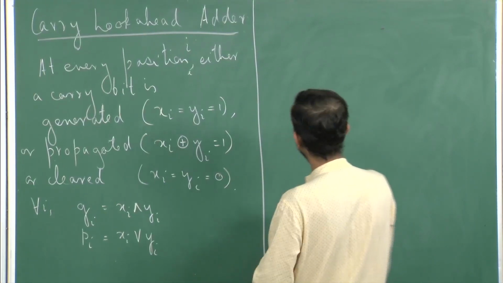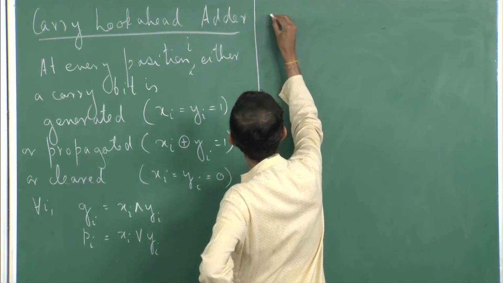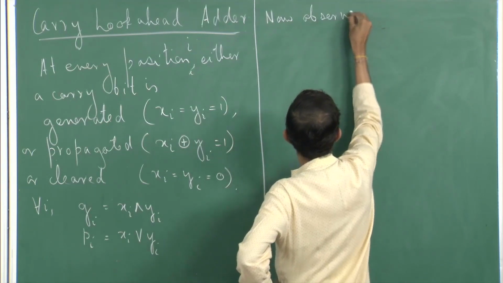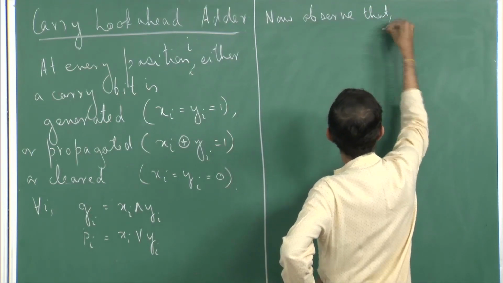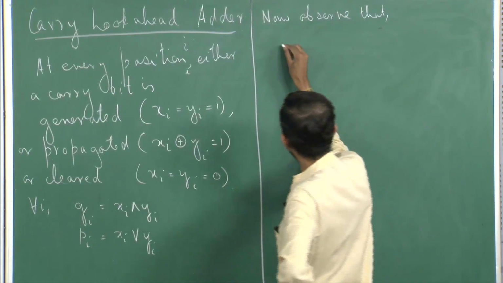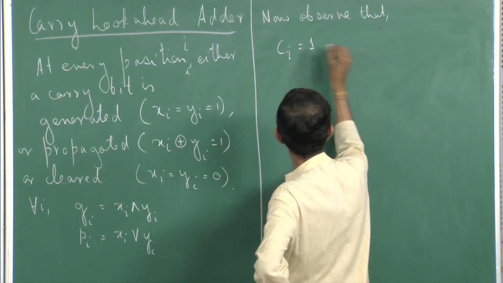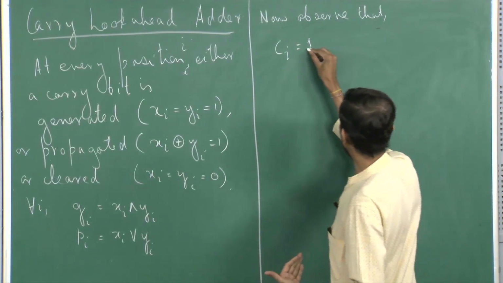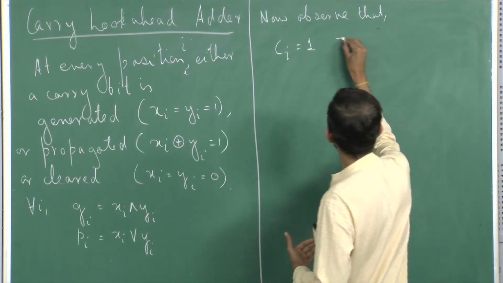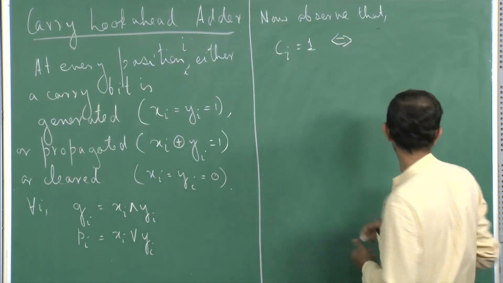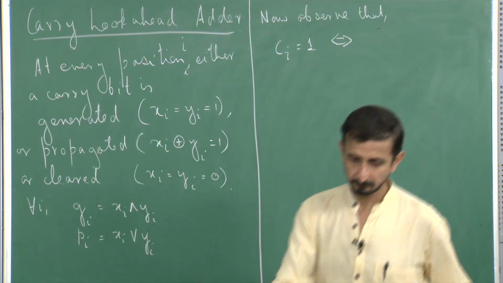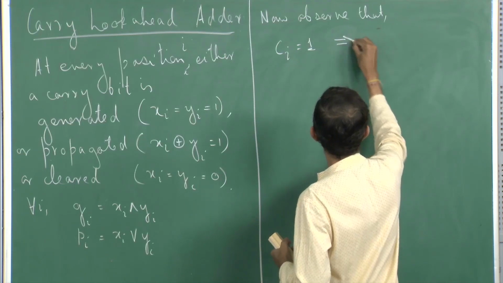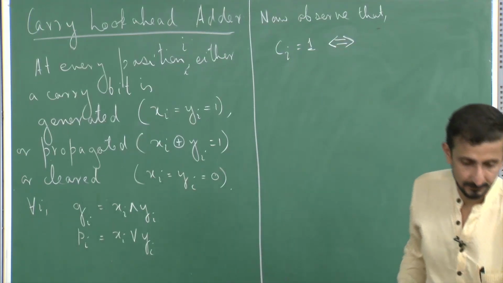Now, let us look at what the carry bit is now. Observe that I have to give a circuit for my carry bit, at any instant i, Ci is equal to 1 if and only if what?